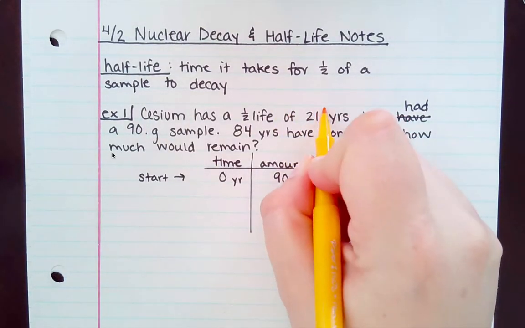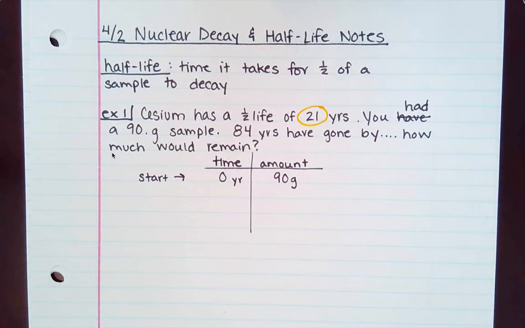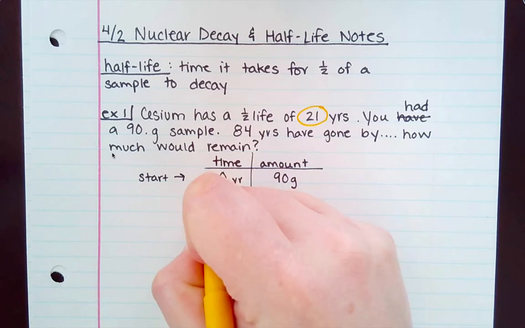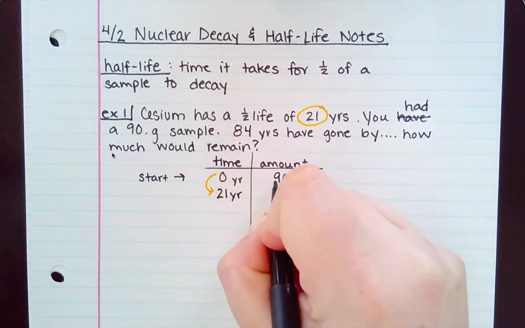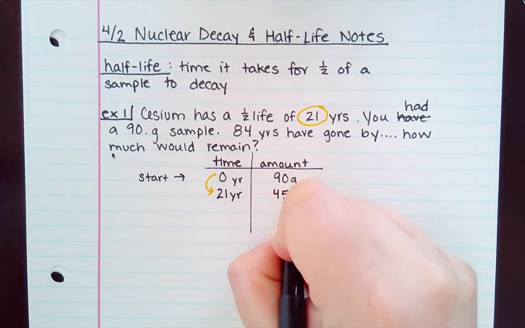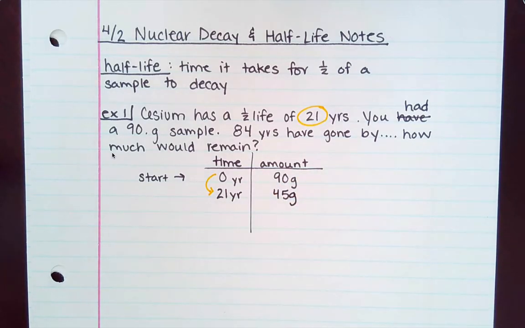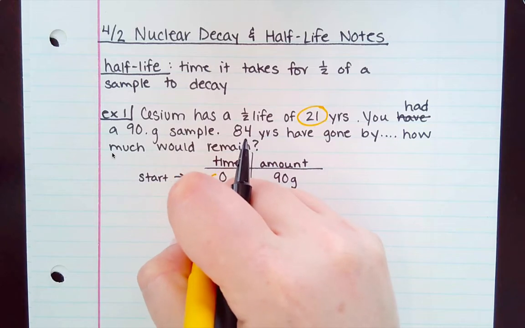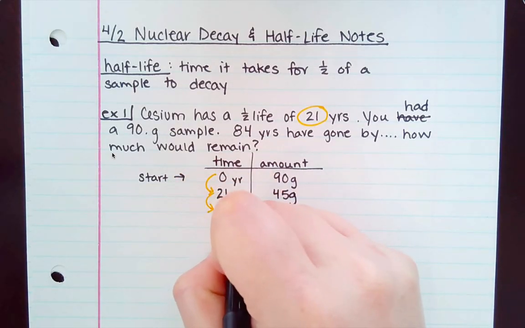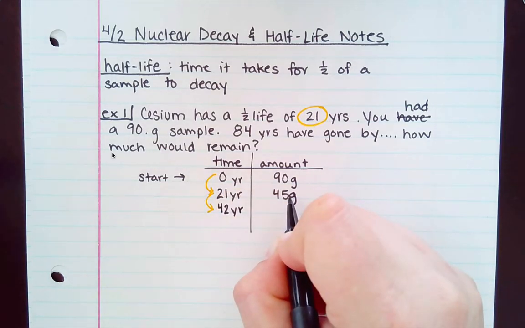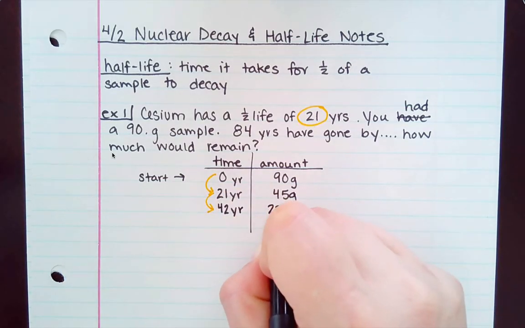It says the half-life, though, is 21 years. So every 21 years, half of this is going to disappear. So if 21 years go by, half of 90 is 45. And then if another 21 years goes by, which would bring us to year 42, half of 45 is 22.5.